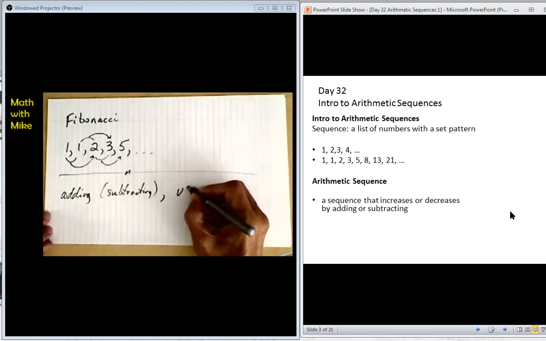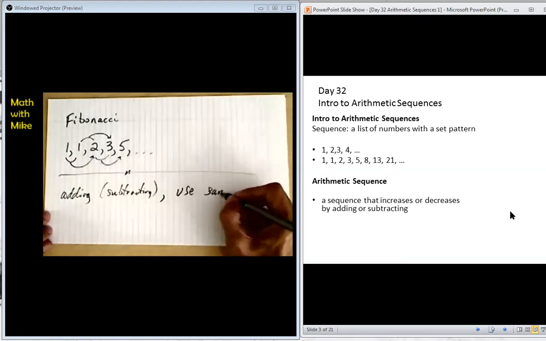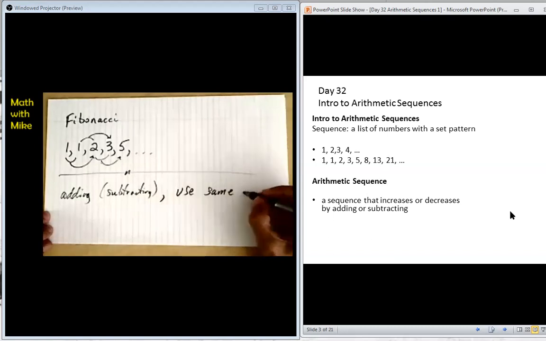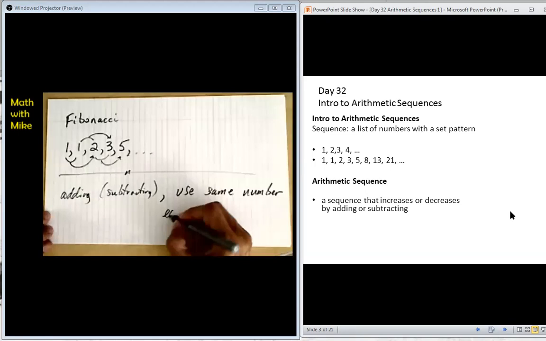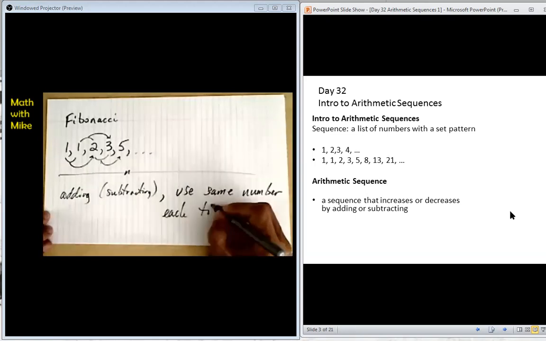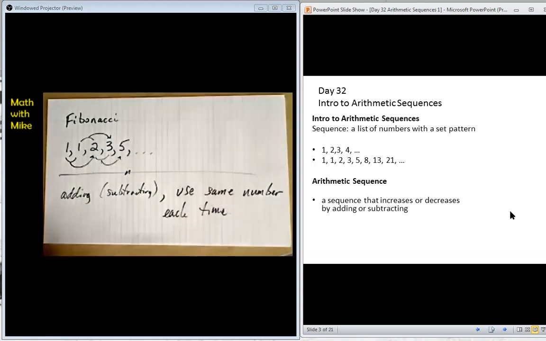And what you're always going to do is use the same number each time. This is what's special for an arithmetic sequence. Same number each time. Okay.